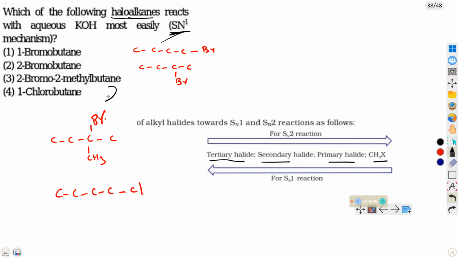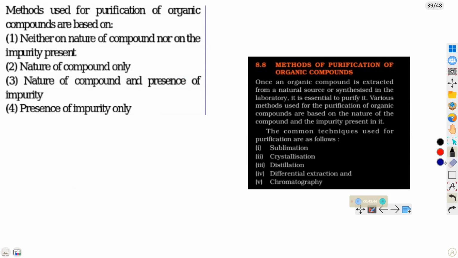Yes, 2-bromo-2-methylbutane gives a 3 degree carbocation. So third option. Methods used for purification of organic compounds are based on the nature of the compound and the impurity present in it.